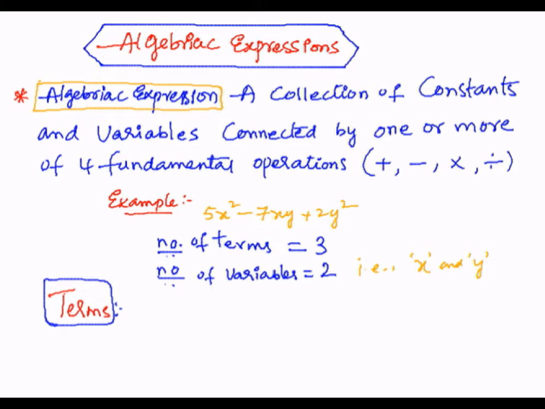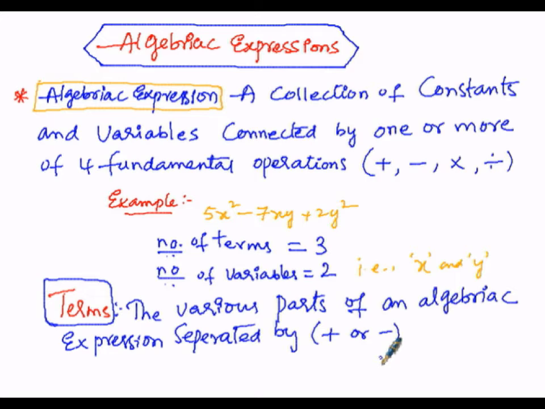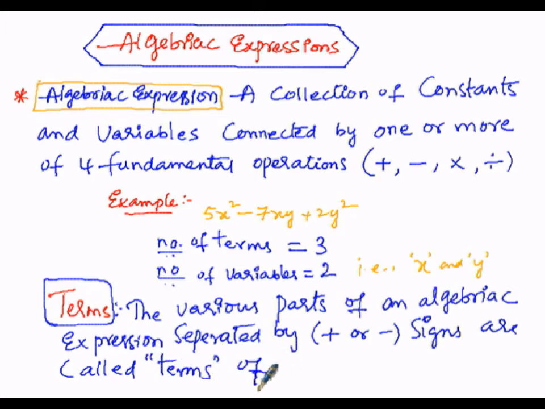So the definition is: the various parts of an algebraic expression separated by either a positive sign or a negative sign, plus or minus signs, are called the terms of an algebraic expression.